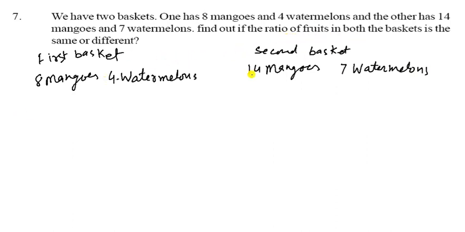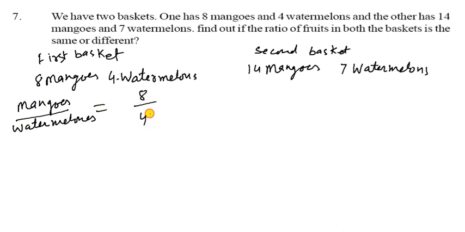So find out the ratio of fruits in both the baskets. So mangoes upon watermelon, that is 8 upon 4. So it will be cancelled out. So it becomes 2 upon 1. So the ratio is 2 to 1.